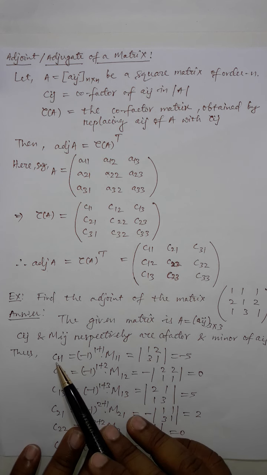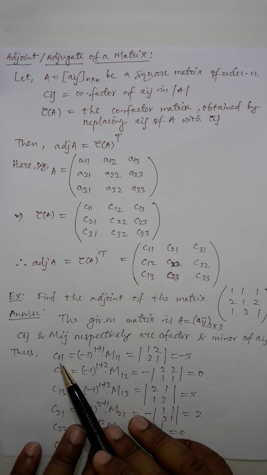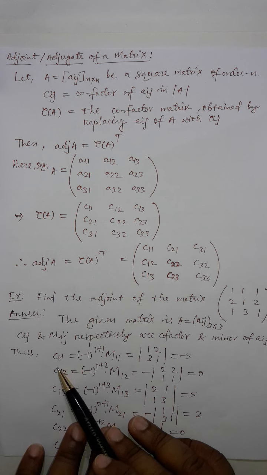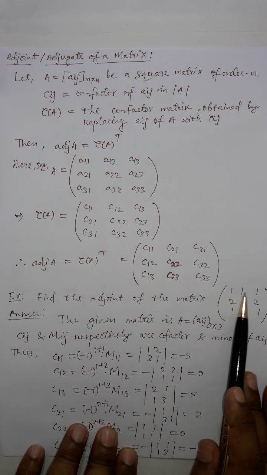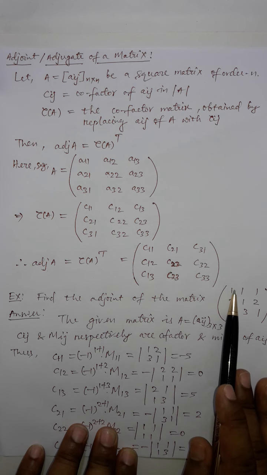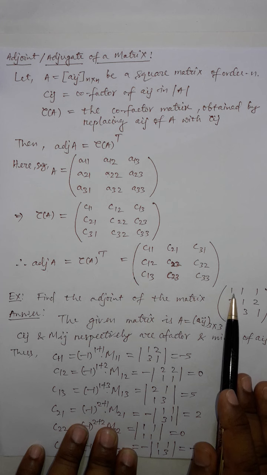Here C11 is the cofactor of the element A11. A11 means the element at the position of first row and first column, which is 1. So the value of A11 is 1.